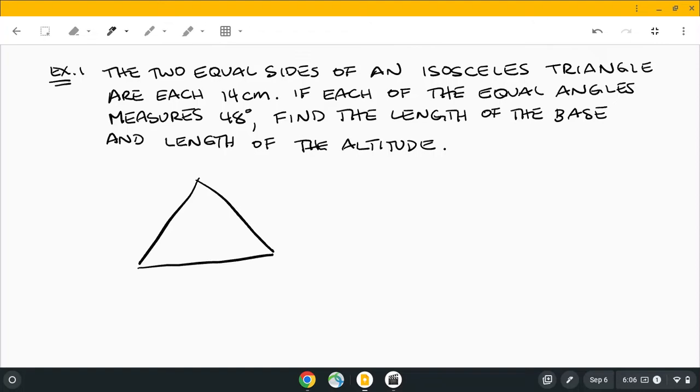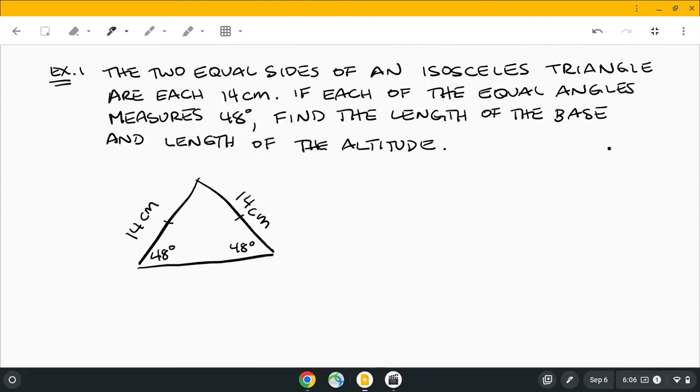These two are congruent, so I'm going to put those little tick marks there. And they are 14 centimeters. So this one, 14 centimeters. This one is also 14 centimeters. And then each of the equal angles measures 48 degrees. So this one is 48, and so is this one because base angles are congruent.